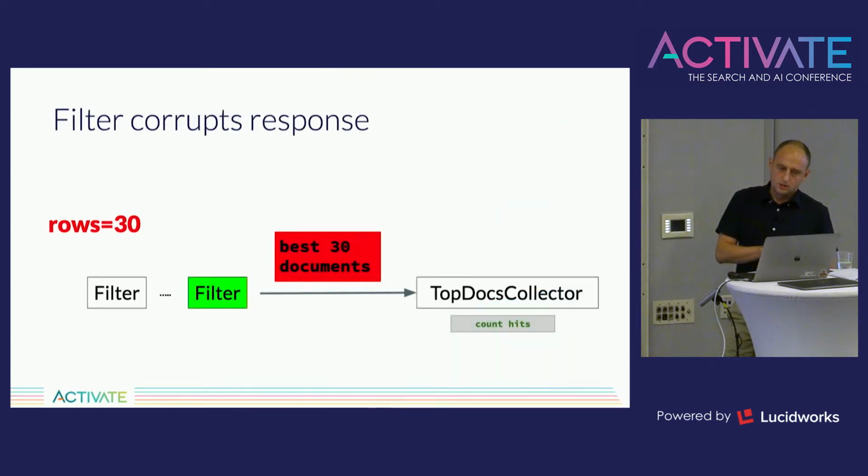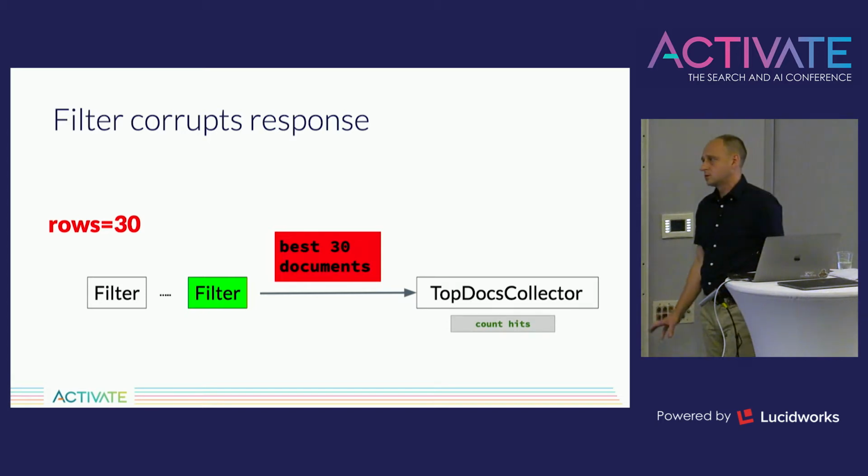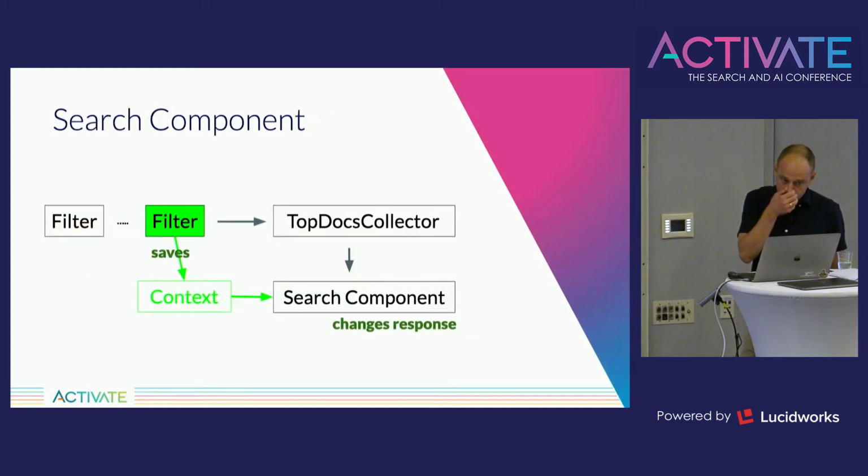So in our case, this subset of documents is returned to top docs collector, and that is the place where the number of hits possible to be found by our query is counted. So we had to implement a search component.